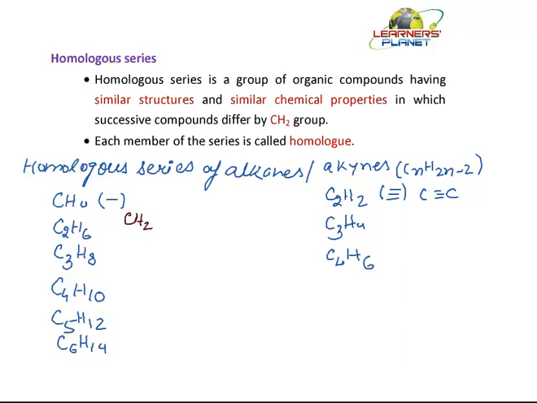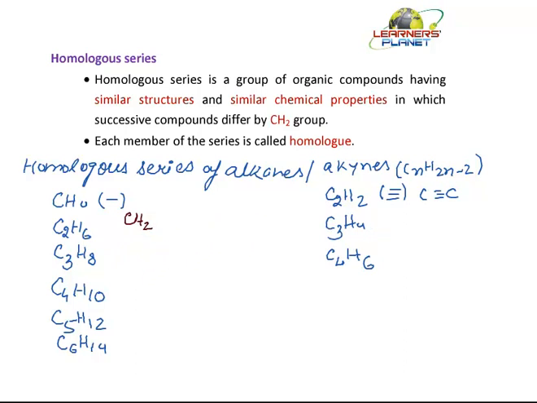Look here: in methane there is CH4, and in ethane it is C2H6. It means one carbon and H2 has been added. Likewise, in the complete homologous series, the successive members differ by CH2. So this is a homologous series.